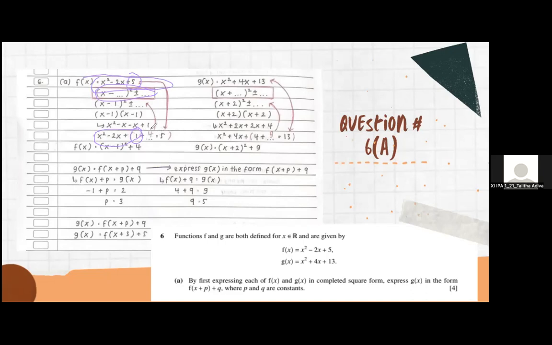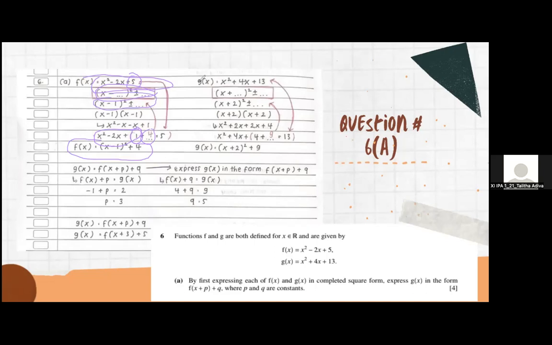Okay, so we got 4, and we substitute it into this form, and we got f of x equals to x minus 1 to the power of 2 plus 4.